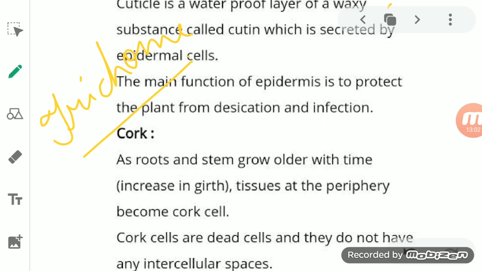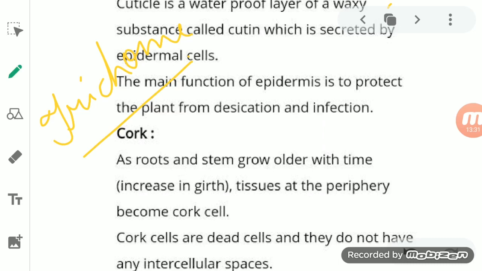The epidermis present on the stem and on the upper surface of the leaf is usually covered with a thick organic substance, that is cutin. Cutin forms a separate layer outside the epidermis, which is called the cuticle.